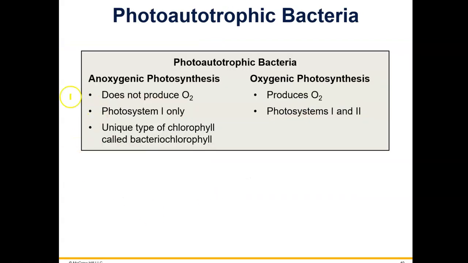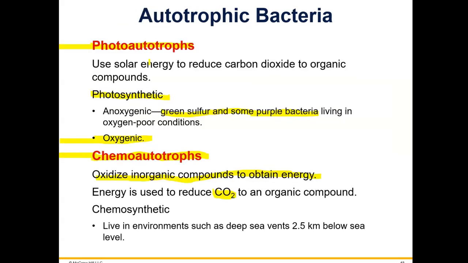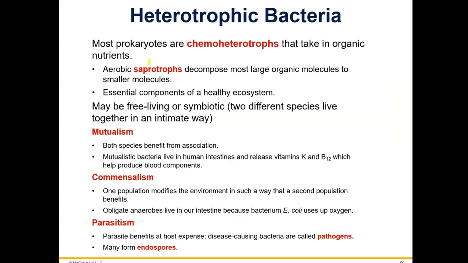Okay, so if it's anoxygenic and photosynthetic, it doesn't make oxygen. If it's oxygenic and photosynthetic, it does produce oxygen. So the oxygenic photosynthetic bacteria are cyanobacteria. The ones that are anoxygenic and carry out photosynthesis are sulfur bacteria. They're green and purple sulfur bacteria.